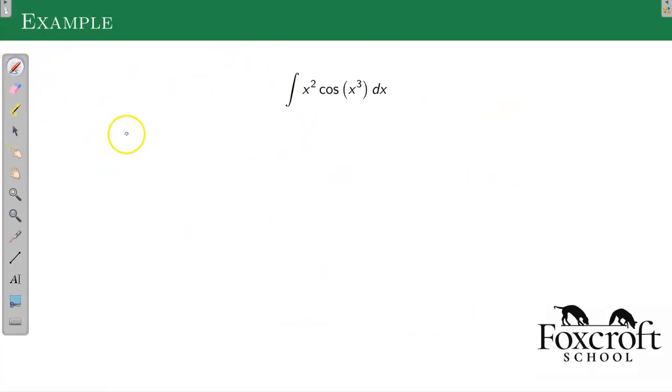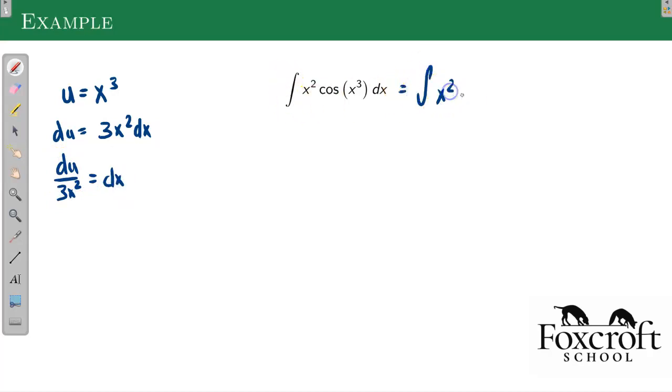Here's another example. Again, it looks complicated. There's x's and cosine mixed together and you're trying to do an antiderivative. So really our only option is to do u-substitution. In this case, u is the thing on the inside of the parentheses. Identify u and take derivatives. x squared hasn't changed, but x cubed is u, and dx is du over 3x squared.